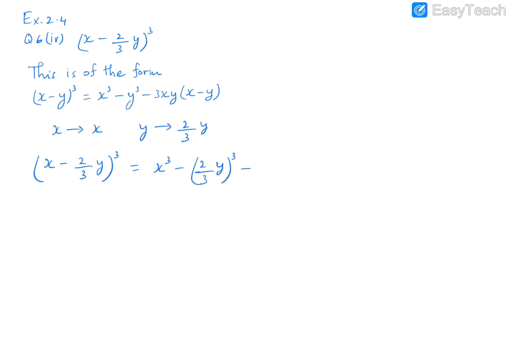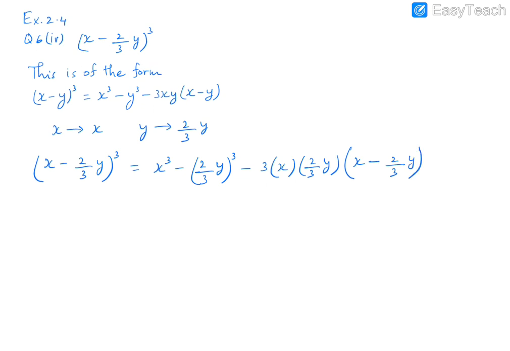minus 3 times xy. 3 times x is x, and y is 2 by 3y, because in place of y we have 2 by 3y into, okay, this whole thing is multiplying x minus y, so x remains x, minus y is 2 by 3 times y.